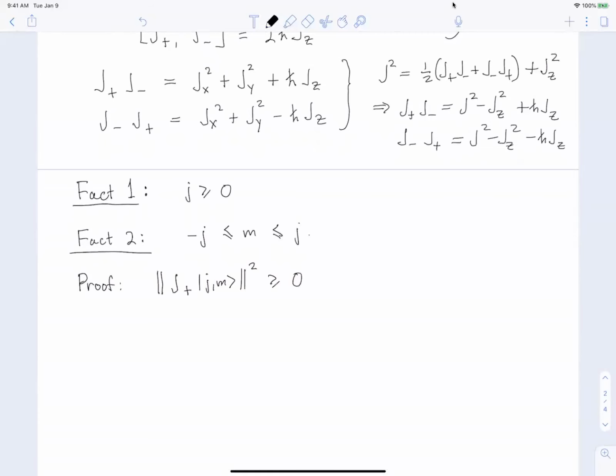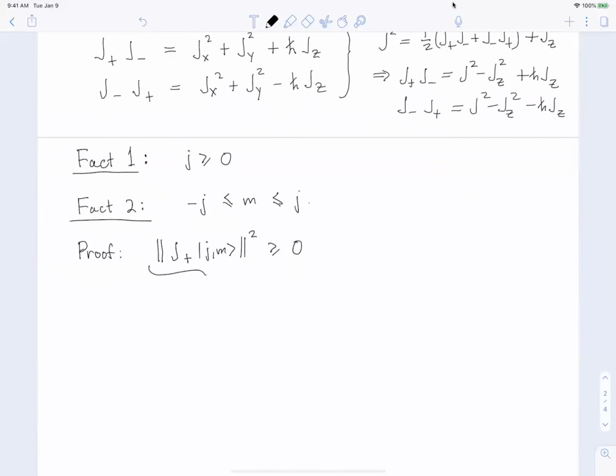It's only 0 if it's the null ket. But now we can write this as jm, j minus, that's really j plus dagger, but I'm rewriting it as j minus, j plus jm.